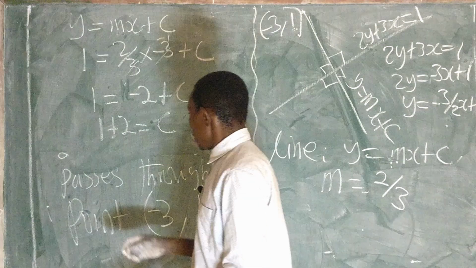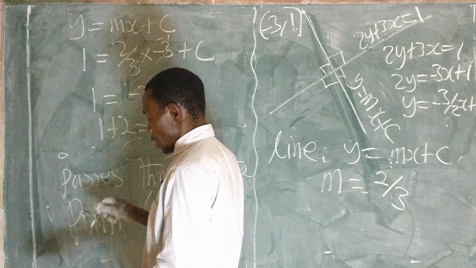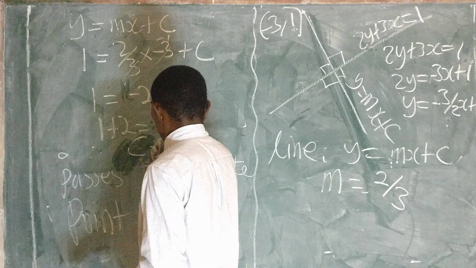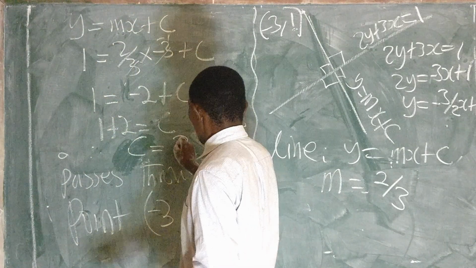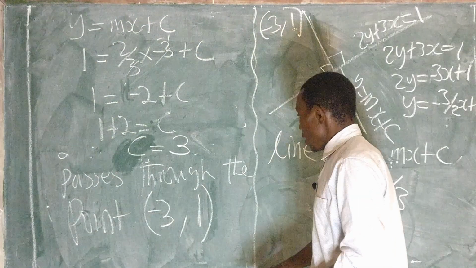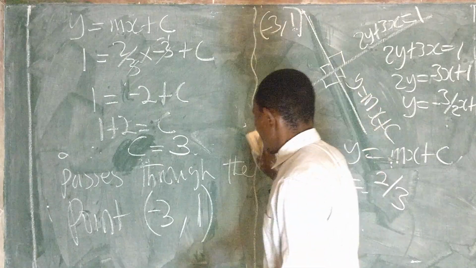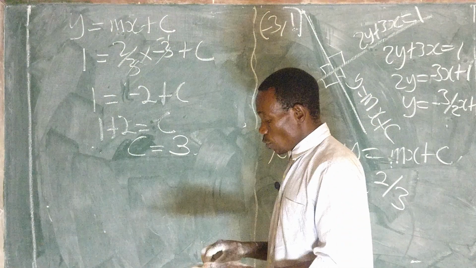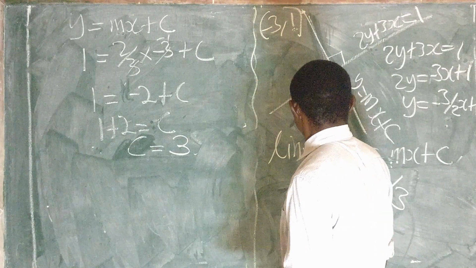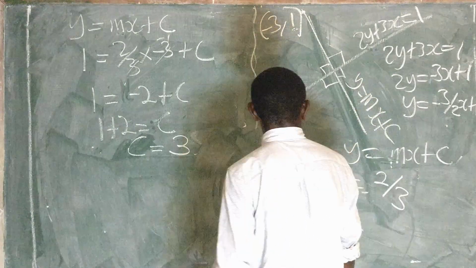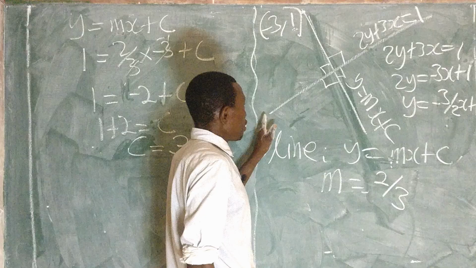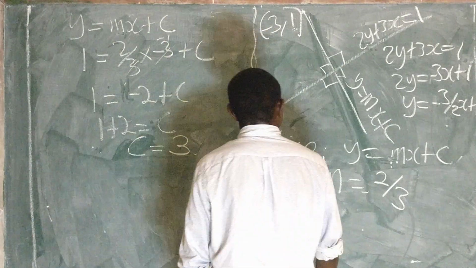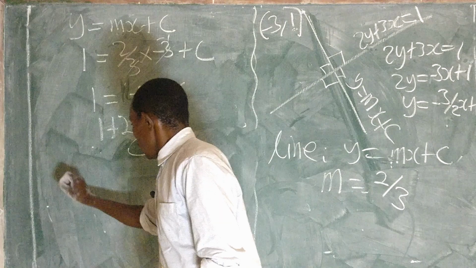Right, so which means in this case, our c's value should be equal to what? A 3. So that is the y-intercept. As such, to make some conclusions on this, we're going to conclude in this way to say the equation of the line perpendicular to 2y plus 3x is equal to 1 is this one.